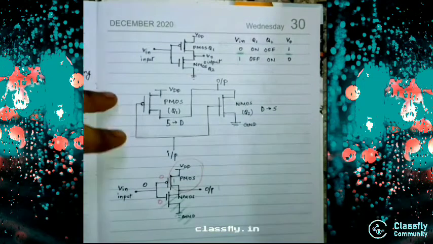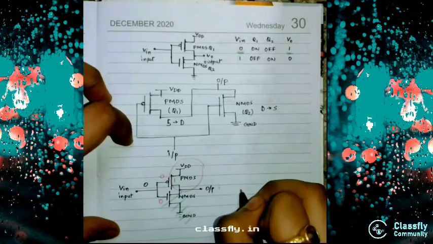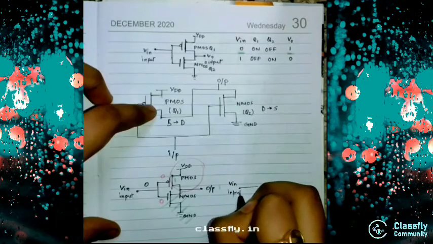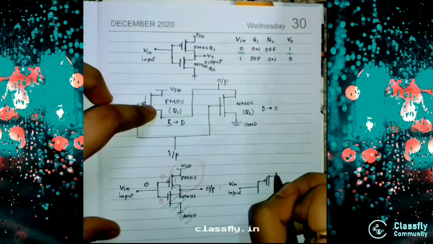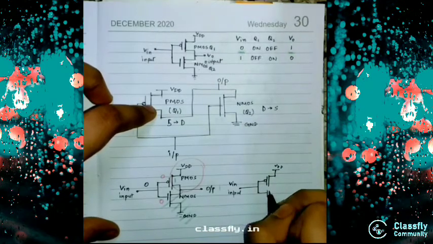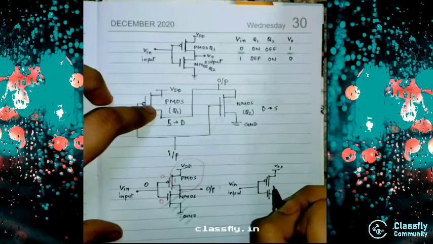Okay. Now let's make the diagram one more time. So it is the input. We will short circuit it, and we will make one PMOS, and it will be connected to VDD. Similarly, this one will be our NMOS, right?